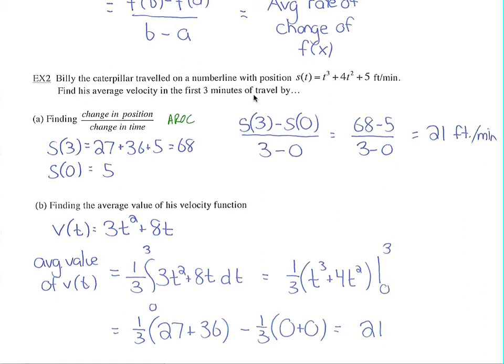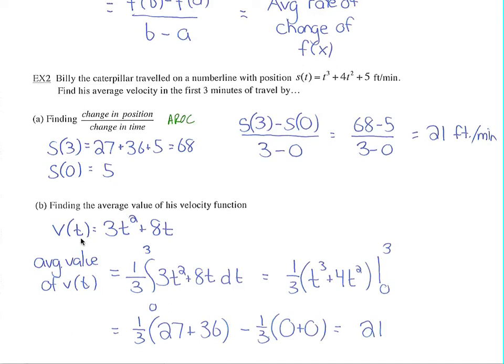The second way to do this is to find the average value. Now the average value, again, is related to the average rate of change. The average value of the derivative is equal to the average rate of change of the function.